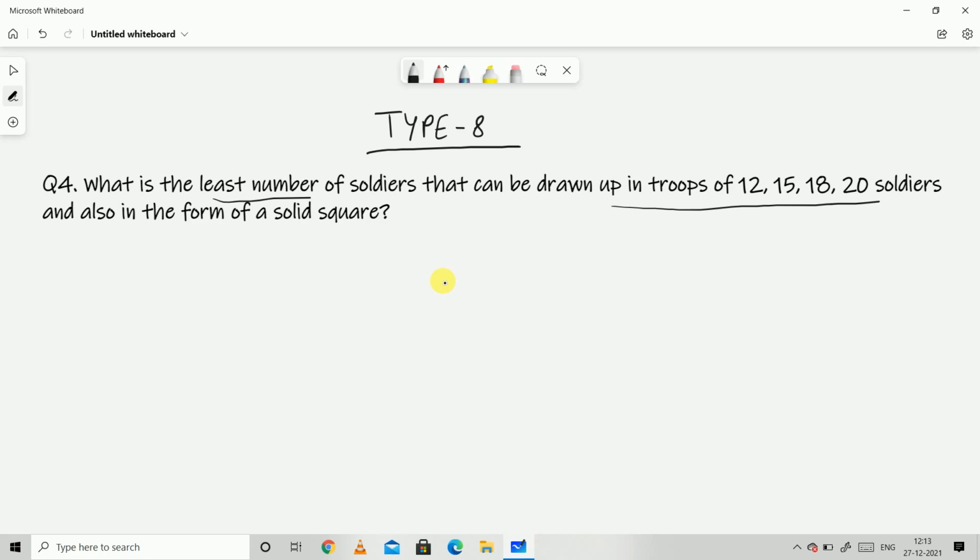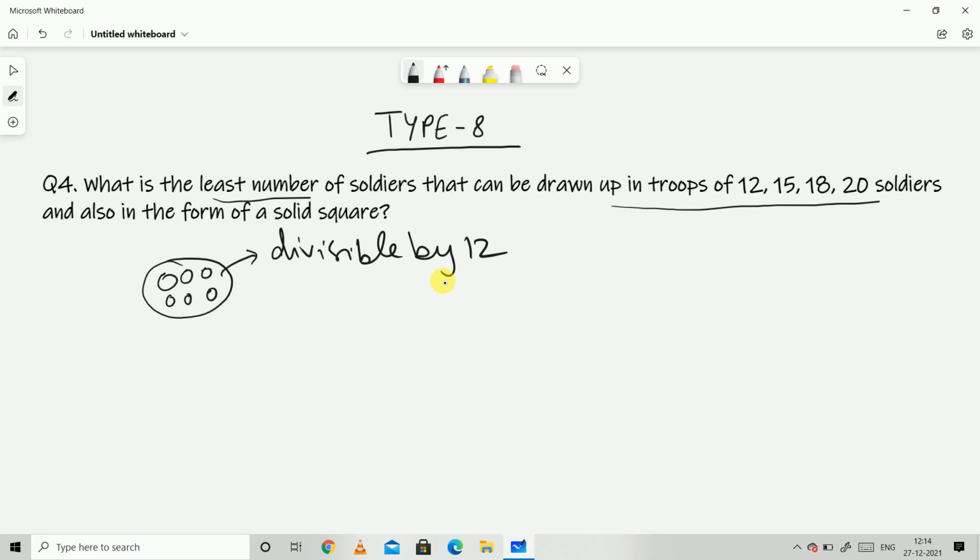Means what? If you have a group of soldiers, and they can be divided in groups of, say, 12, 12, 12, like that. What does that mean? That just means that the total number will obviously be divisible by 12. Then only they can be divided into groups of 12, right?